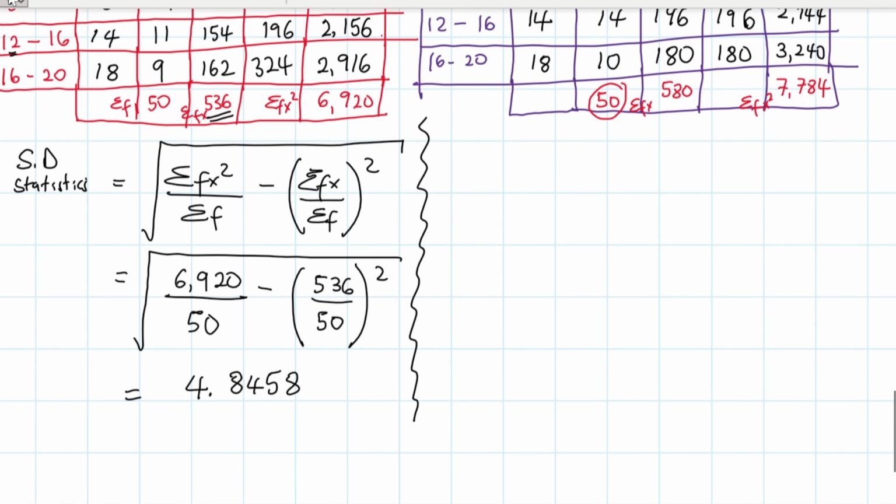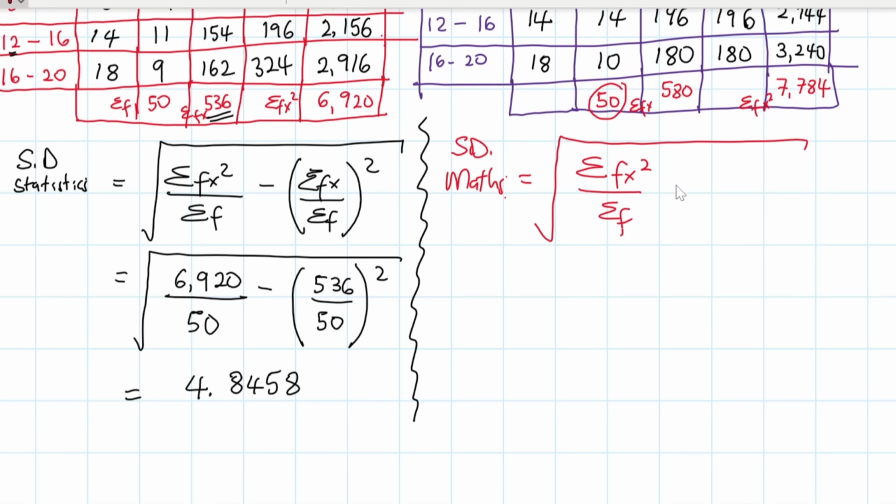Now let's do the standard deviation for math. Again, we are going to substitute into that formula: the summation of f of x squared, divided by the summation of f, minus the mean squared, which is the summation of f of x over the summation of f. So what do we have here?